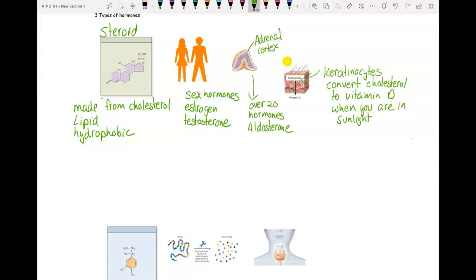So vitamin D is both a vitamin and a hormone. It is considered a hormone because your cells are making it and putting it into your blood.